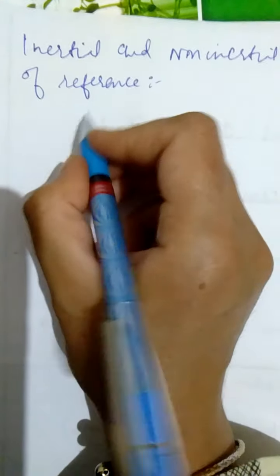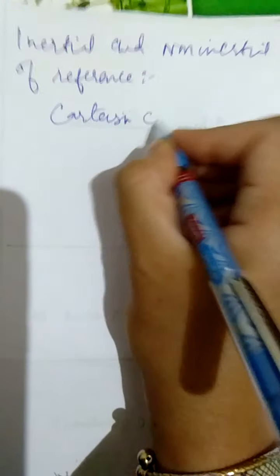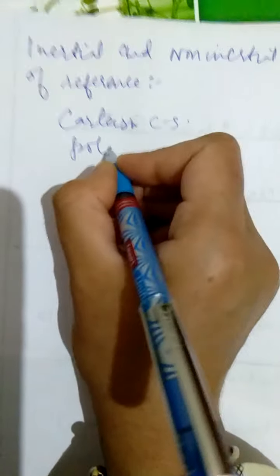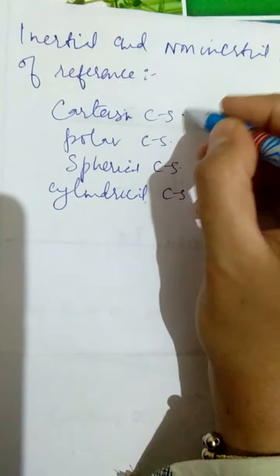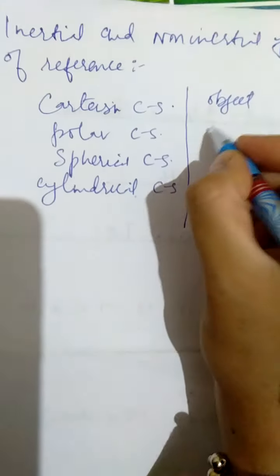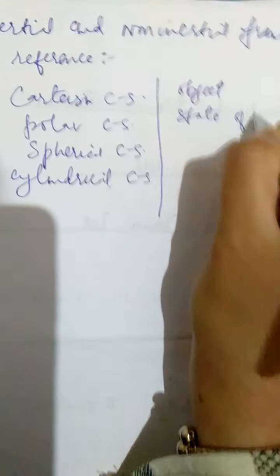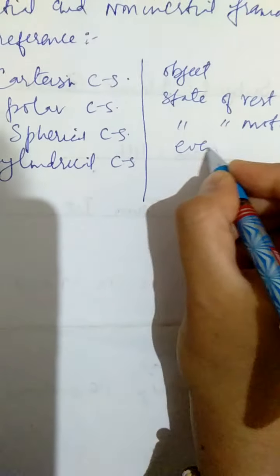So far you have learnt about the Cartesian coordinate system, the polar coordinate system, the spherical coordinate system, and the cylindrical coordinate system. All these coordinate systems are used to describe an object, its state of rest or its state of motion, or to describe an event.